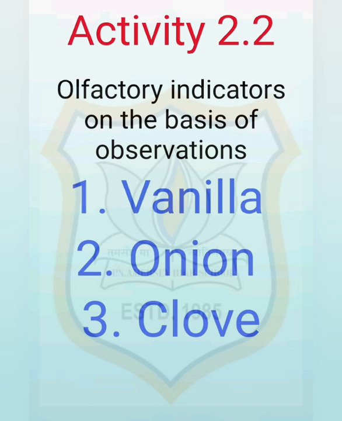On adding vanilla essence in dilute sodium hydroxide, there will be no smell. But in dilute hydrochloric acid, HCl, the smell of vanilla essence exists. Then next, on adding clove oil in dilute HCl, the smell of clove exists, while in dilute NaOH, the smell of clove does not exist. It proves that vanilla, onion and clove, all these are olfactory indicators, smelling indicators, on the basis of observations.